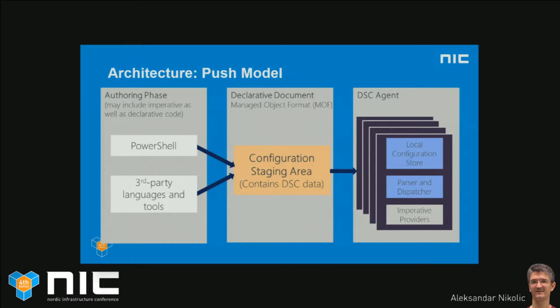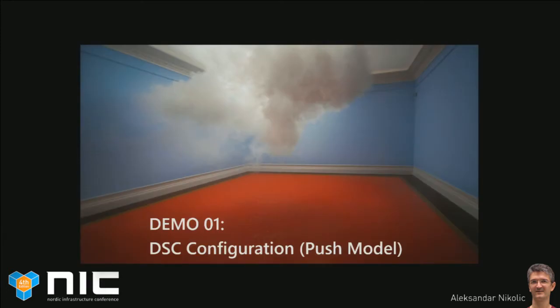So once we have that MOF file, we need to apply the configuration contained in it on our target nodes using a DSC agent there, or local configuration manager, okay, whatever. I cannot remember the name of it right now. So I will show you a demo.